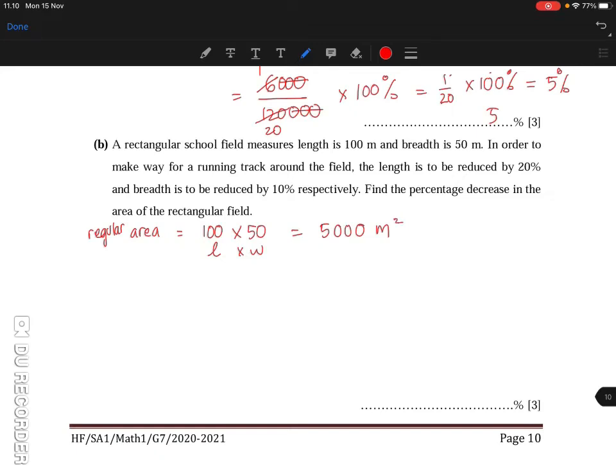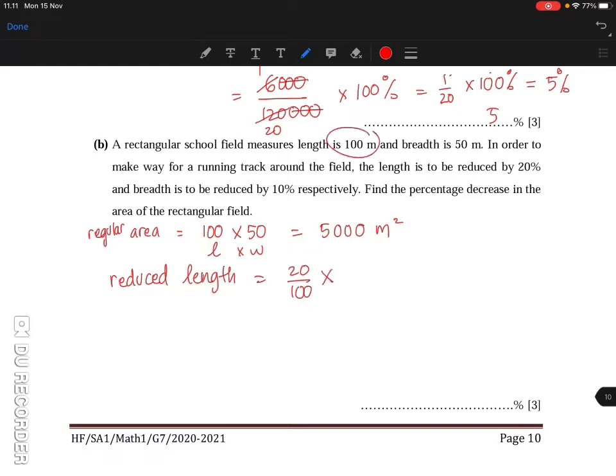Now for the reduced one, you need to find the reduced length and also the reduced breadth. Reduce length, reduce by 20%. So you need to find the reduced length first. 20% means you will have 20 over 100, multiply it with the length.